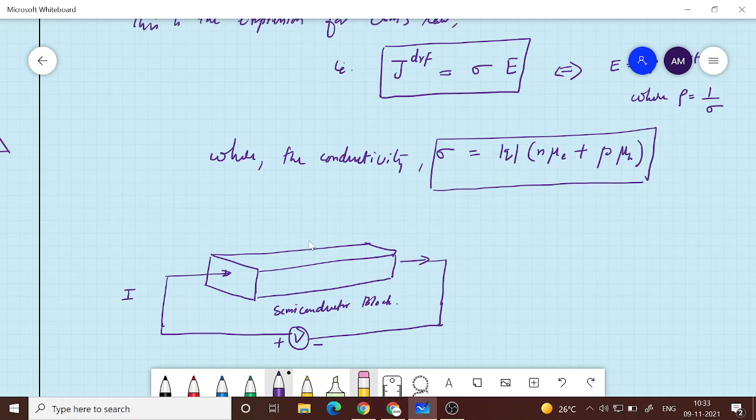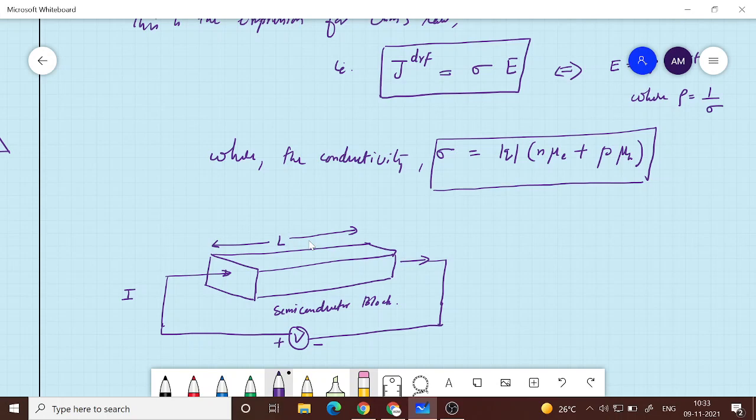The length of the semiconductor, let's say it is L. Assume that this is some kind of compensated semiconductor block, which has both kinds of doping, but it is uniform everywhere. Otherwise the integration will become difficult. If n and p vary with position, then the calculation will become a little more tedious.